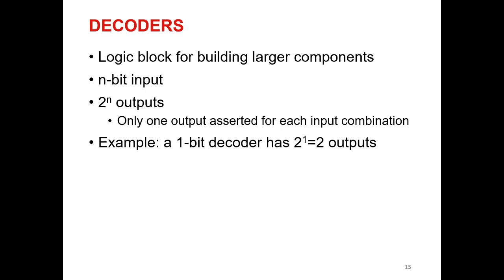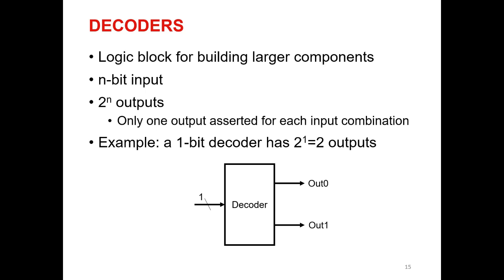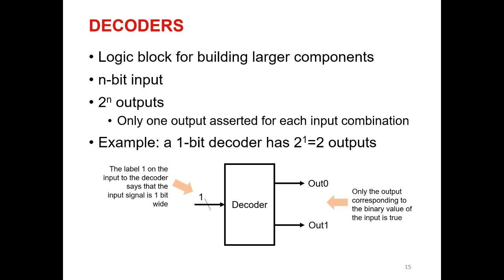For example, if I have a 1 bit decoder, it has 2 power 1 outputs. That means 2 outputs. And we represent graphically a decoder like this. So in this case, this one here indicates that the input is 1 bit. Okay, the input signal here is 1 bit wide, and then we will have 2 outputs, and only one of the outputs will be true.